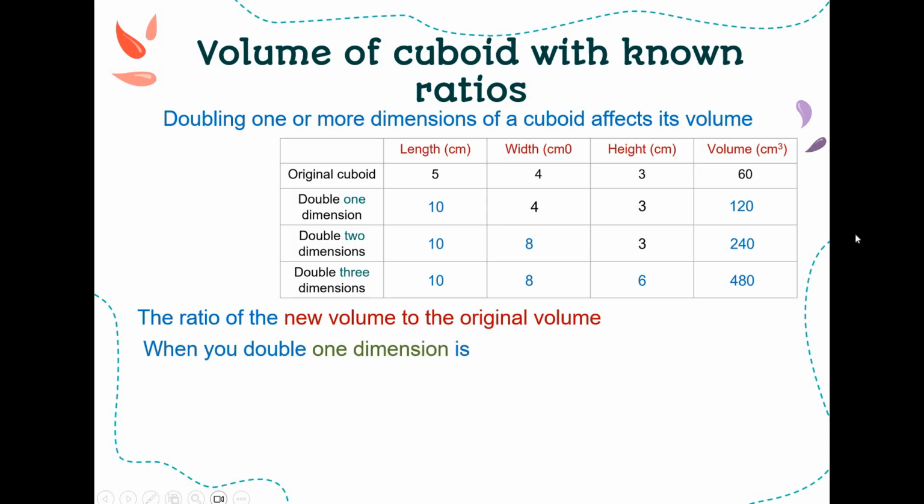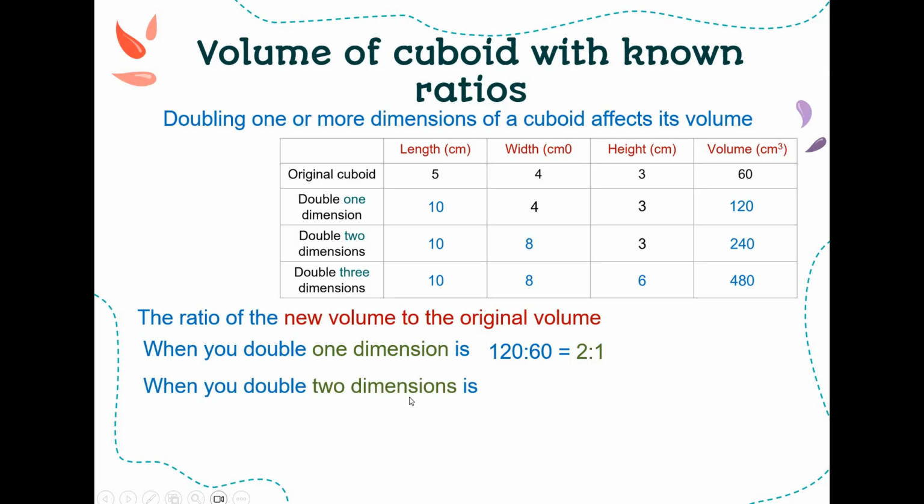Okay, let's find. When we double one dimension, the new volume was 120 to 60. If we divide both terms by 60, it will be 2 to 1. So when we multiply one dimension by 2, the ratio between the new volume and the original volume will be 2 to 1.